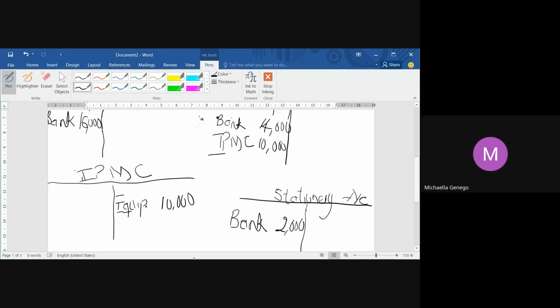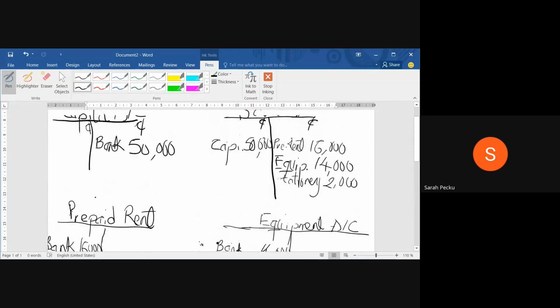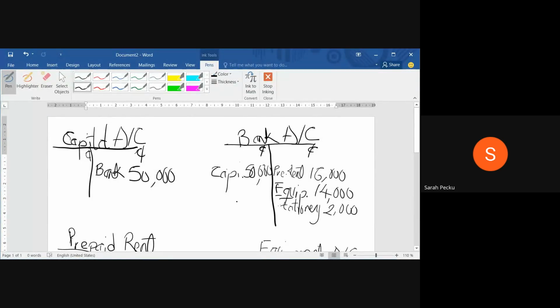So what is happening to the IPMC account? We debit IPMC and credit bank. We will credit bank and we will debit IPMC. So we are crediting bank.